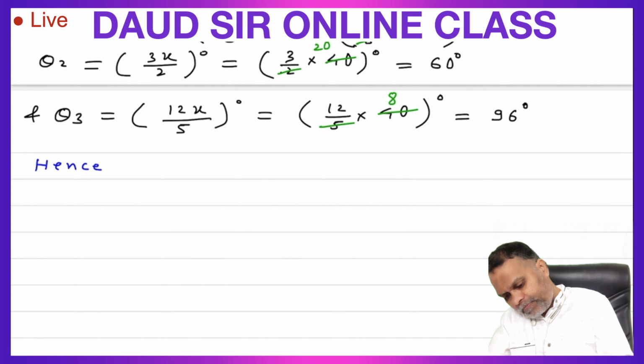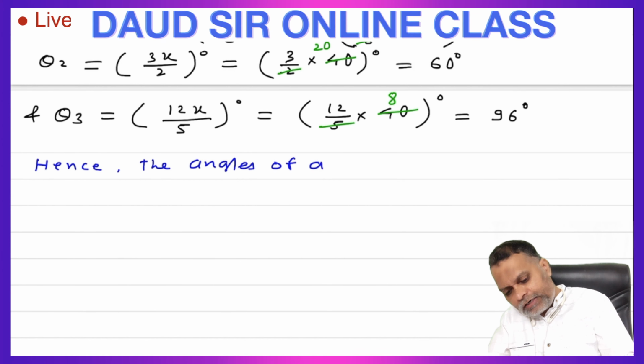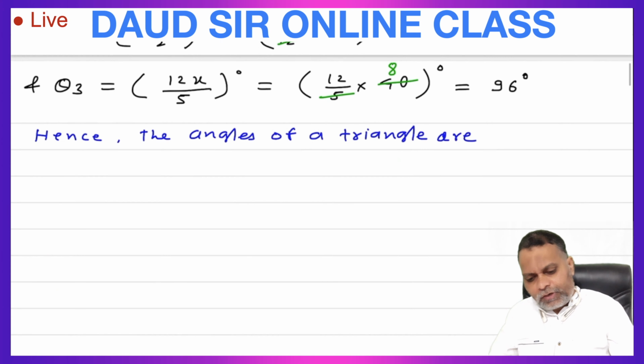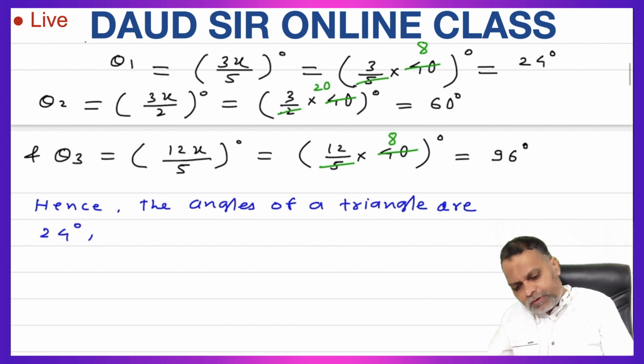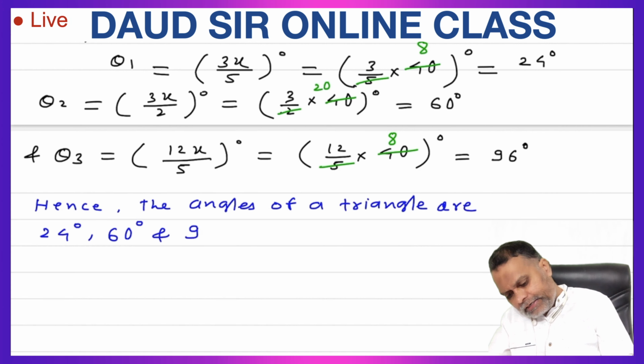Hence the angles of a triangle are 24 degrees, 60 degrees and 96 degrees.